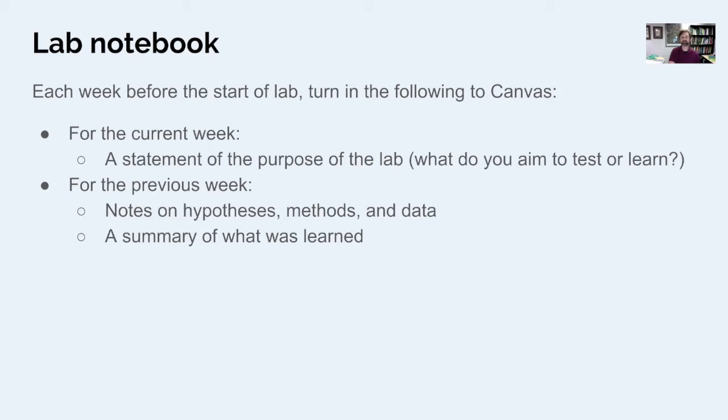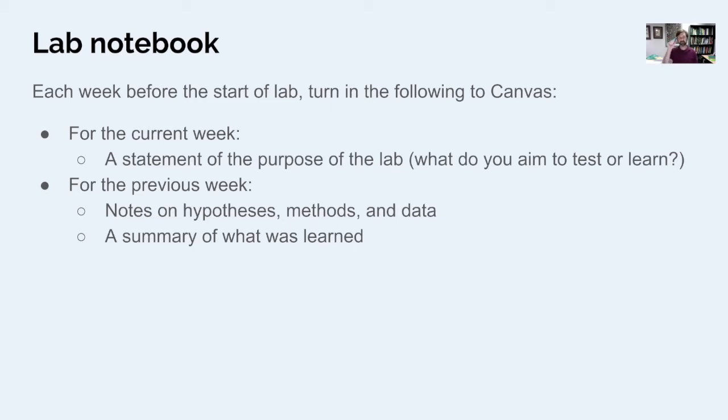So for every week before we get started, your lab notebook will need to have a purpose of the lab. I want you to consider what we're trying to get out of each lab: the big picture purpose, what's the genetic lesson theme, and what is the end goal, those kinds of things in your purpose.